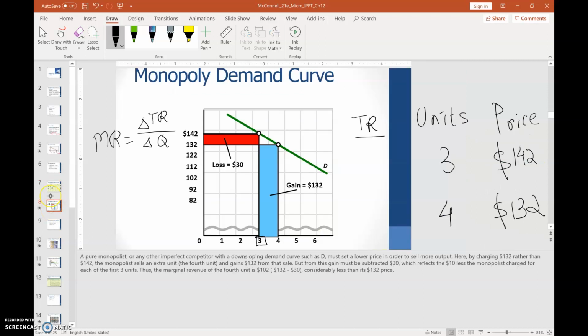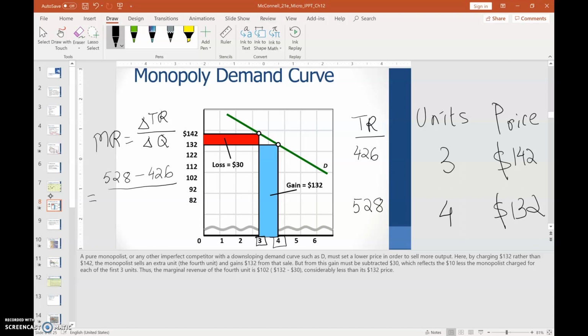So, remembering these numbers, this one is 426, this one is 528. So the marginal revenue is change in total revenue, that is 528 minus 426, over change in quantity produced.